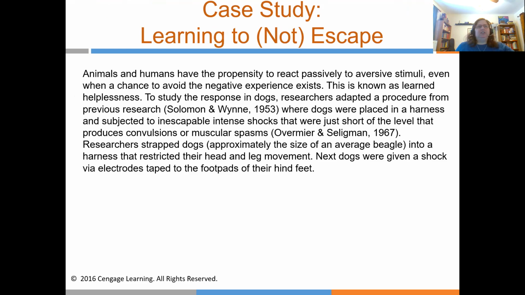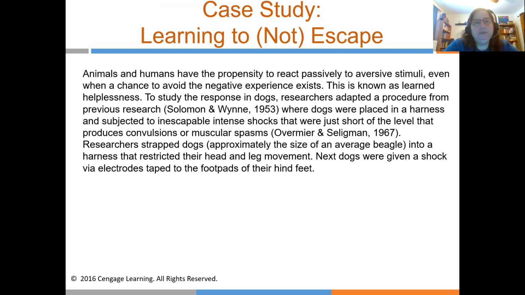So let's look at this little case study here. Animals and humans have the propensity to react passively to aversive stimuli, even when a chance to avoid the negative experience exists. This is known as learned helplessness. To study the response in dogs, researchers adapted a procedure from previous research where dogs were placed in harnesses and subjected to inescapable intense shocks that were just short of the level that produces convulsions or muscular spasms.